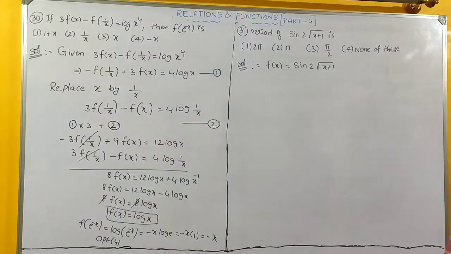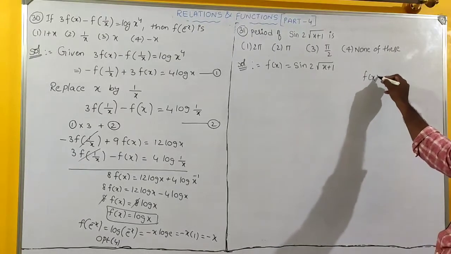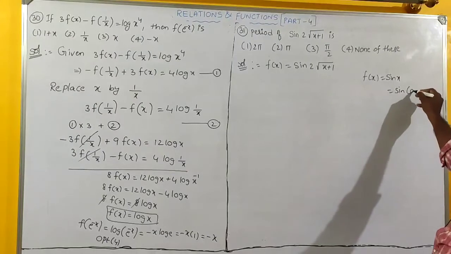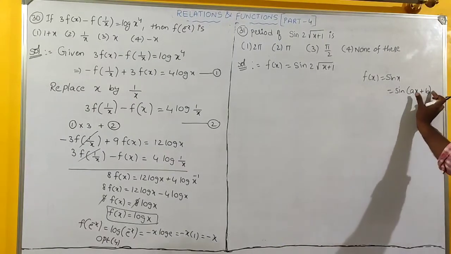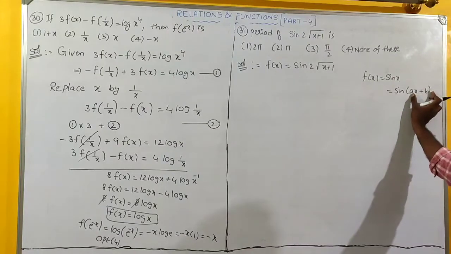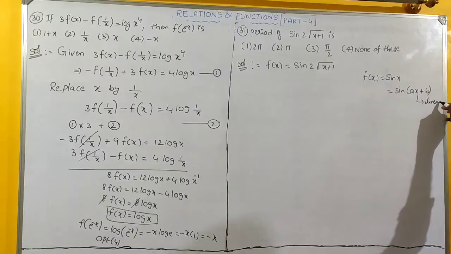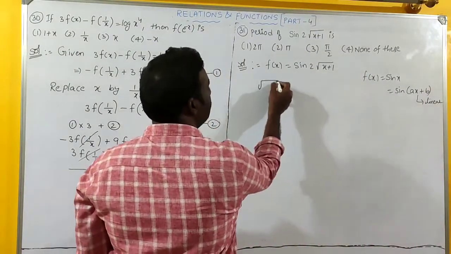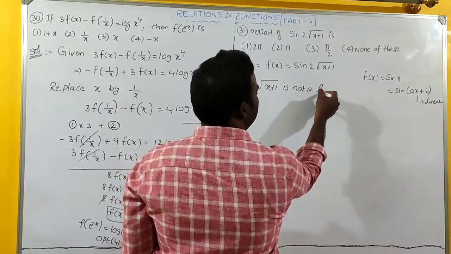Already we discussed the periodic function definition. Now this f of x is equal to either sin x or sin ax plus b, these forms are allowed. Means the function present inside should be linear, means first degree. But here root x plus 1 is not a linear function.